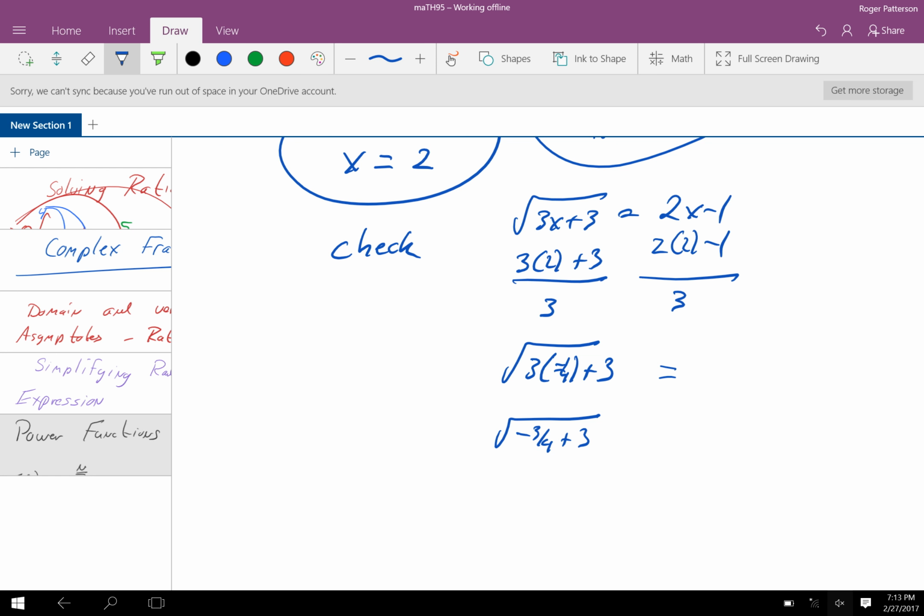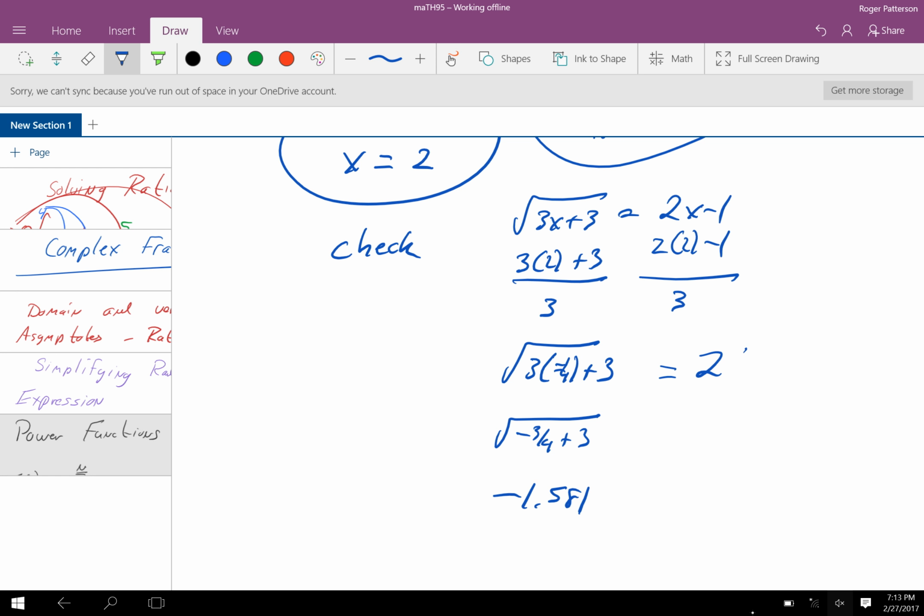Big number. No, it shouldn't be too big. 2.25? No, but you got to square root that. Negative 3/4 plus 3, square root it, yep. 1.581.